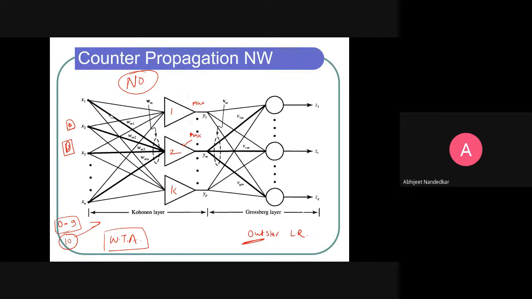Maybe for the first digit 0, if I apply 0 here, then maybe this kth neuron is the winner, or maybe the 5th neuron is the winner. So this winning order is not in our hand. It totally depends on how your random values appear as weights of these neurons.